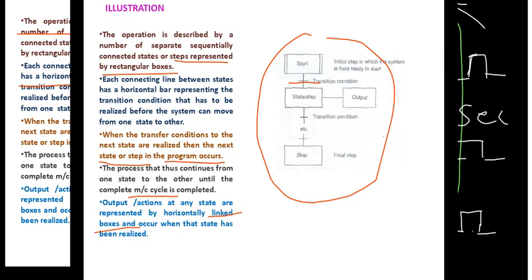Then any state or any action corresponding to a particular output in a particular step or stage is represented by a horizontally linked box and occurs whenever that particular state has been realized. So now this stage or step is realized here, and accordingly you will have the output.